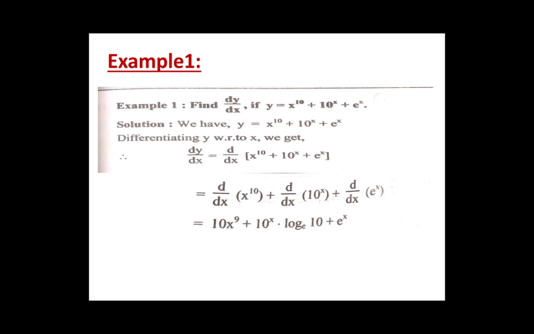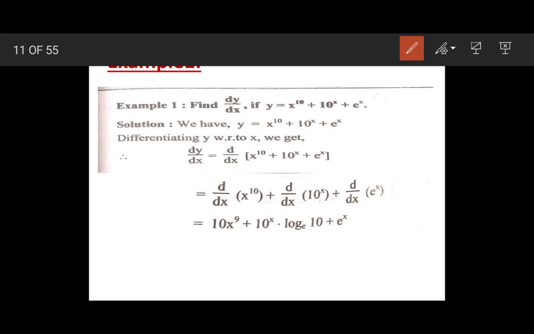Example 1: find the derivative if y is equal to x raised to 10 plus 10 raised to x plus e raised to x. Differentiating y with respect to x, dy upon dx is the derivative of the whole term.